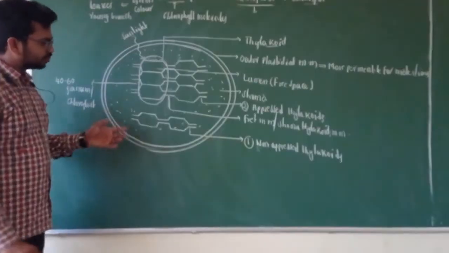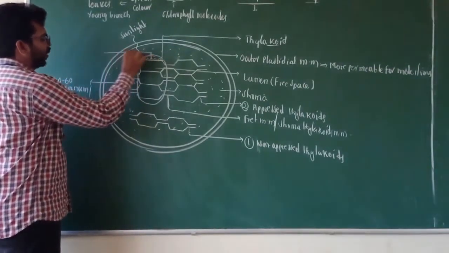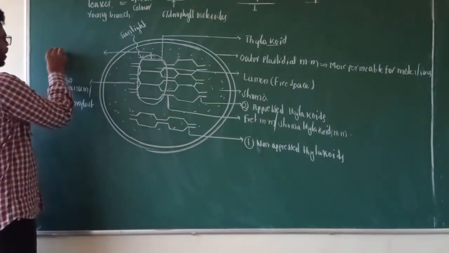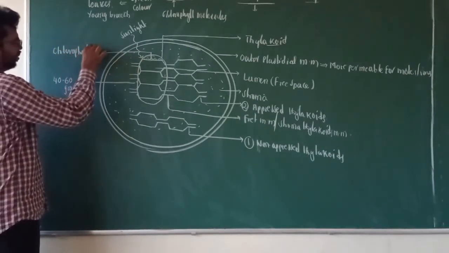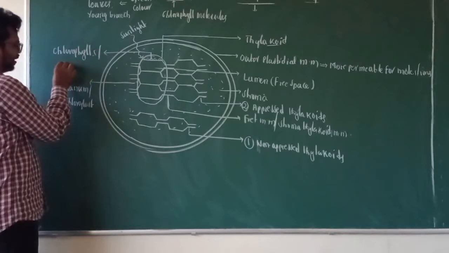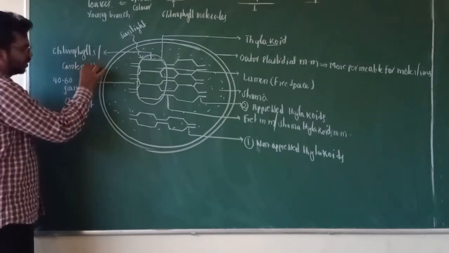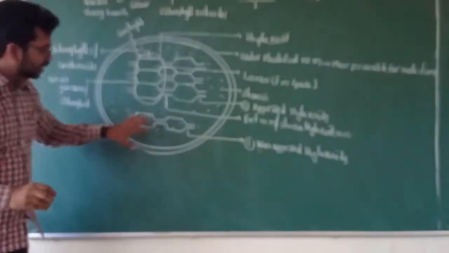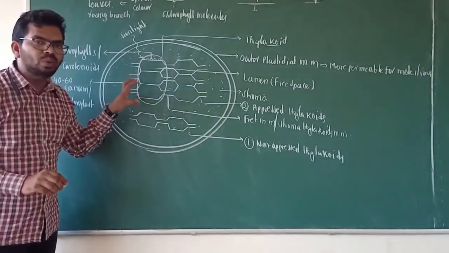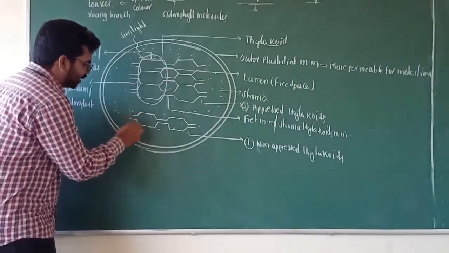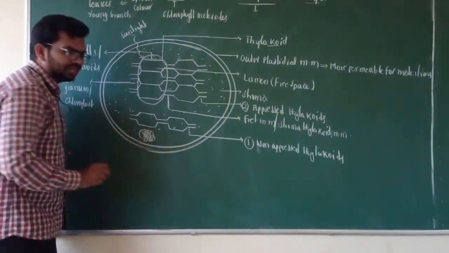And remember, children, what types of photosynthetic pigments do they have? One is chlorophylls, and second, they have accessory pigments, carotenoids. And as I told you, children, the chloroplasts have their own genetic material, which is of which nature?